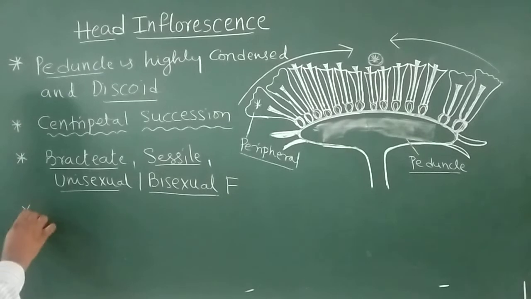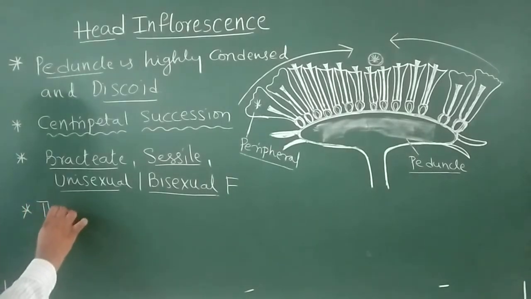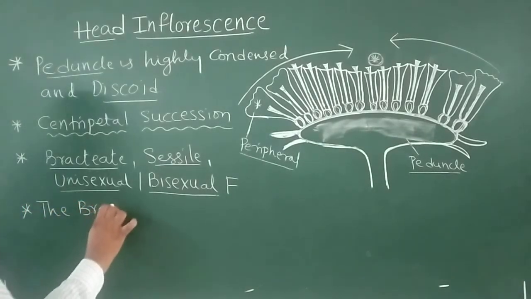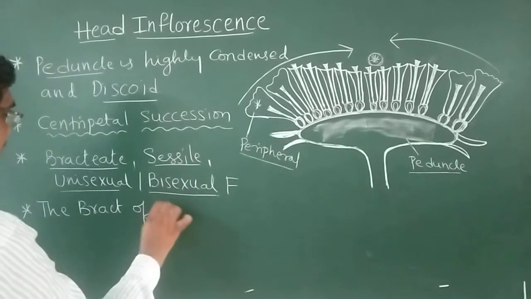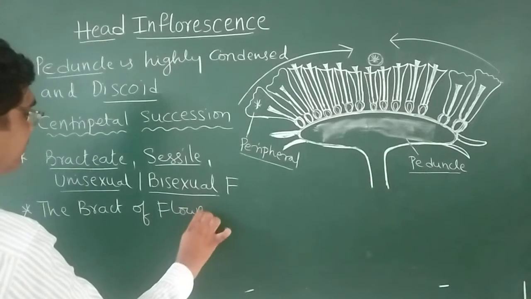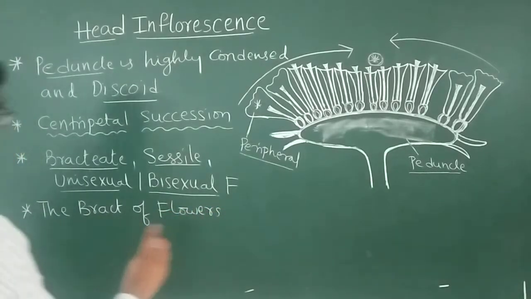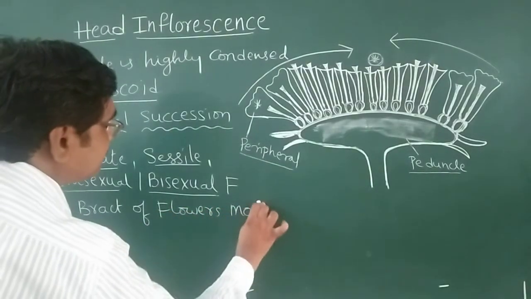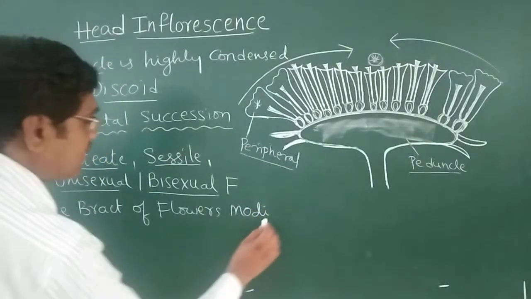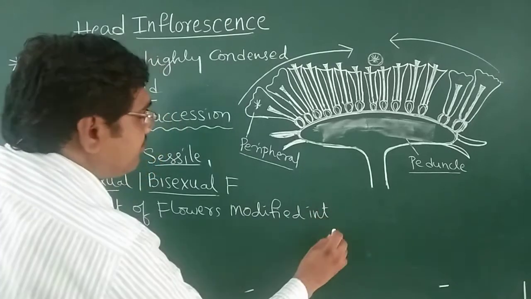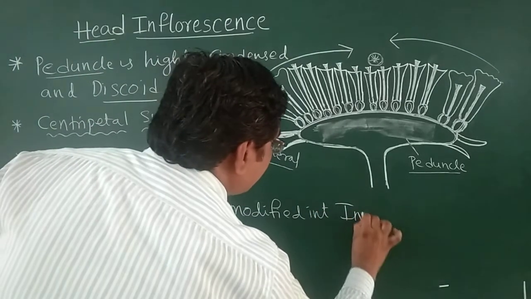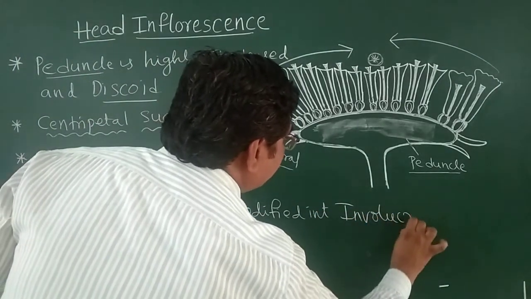So next, the bracts. The bracts of the flowers are modified into an involucre.